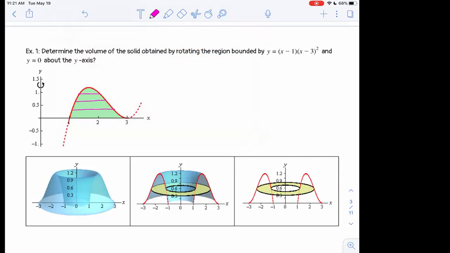But we ran into a few problems. One of those problems was that the right curve and the left curve were exactly the same function. So I wasn't able to subtract them, okay?